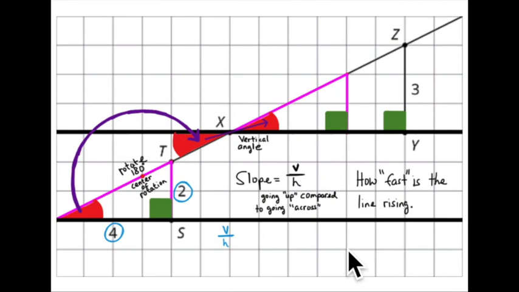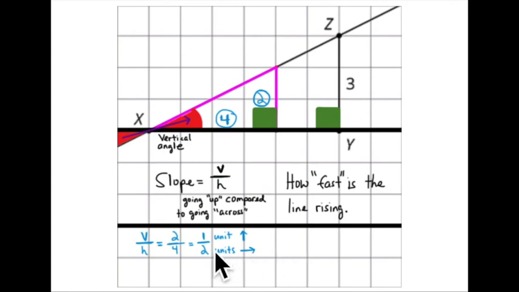How fast is the line rising? So we know from this similar triangle here that that is 1/2. So it goes up, the vertical length is 1/2 the horizontal length. So if this length is 2 units, the horizontal length is 4 units. So that is a ratio of 1 to 2, or 1/2.